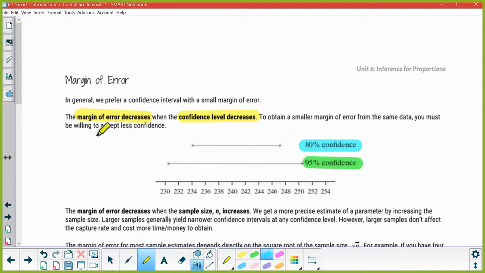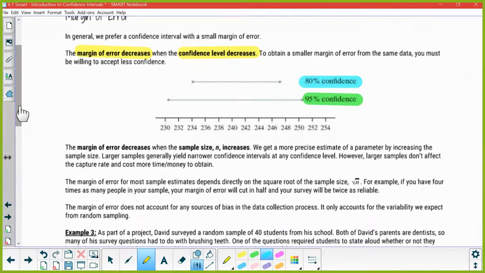Basically, if you just remember, as margin of error is decreasing, your confidence level could also decrease. It doesn't necessarily have to be that way, because another thing that decreases your margin of error is your sample size. When sample size increases, your margin of error decreases. If you remember from us talking about sample size and standard deviation, we're going to get a more precise estimate of the parameter by increasing the sample size.